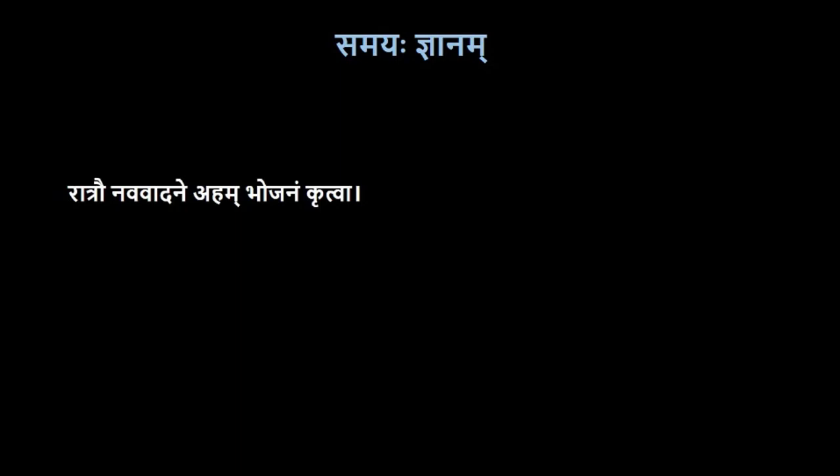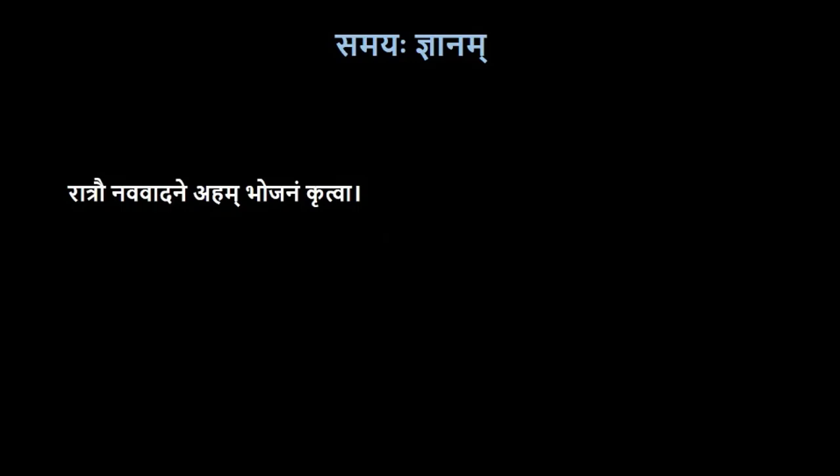Ratrau Navvadane aham bhojanam krutva. So Nima, what is the samayah and can you guess the meaning also of the sentence? Yes, Navvadane. That is at 9 o'clock. Now here it is Ratrau Navvadane, which means at 9 p.m. Correct. And Bhojanam, that is something to eat. Yes.